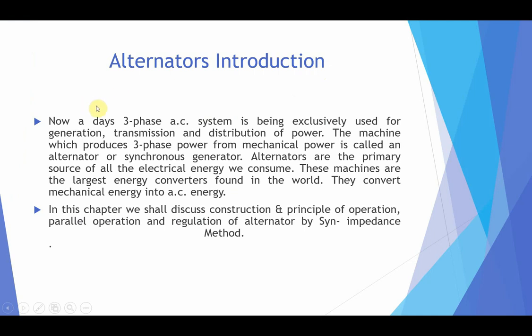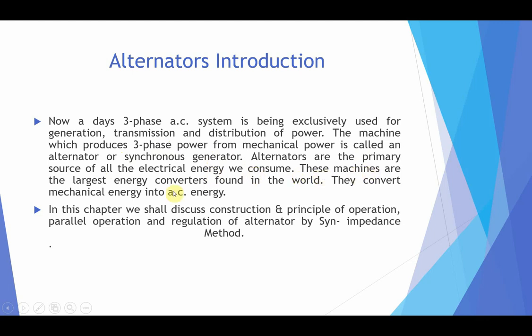As we all know, nowadays a three-phase AC system is being exclusively used for generation, transmission and distribution of power. The machine which produces three-phase power from mechanical power is called an alternator or synchronous generator. Alternators are the primary source of all electrical energy we consume.